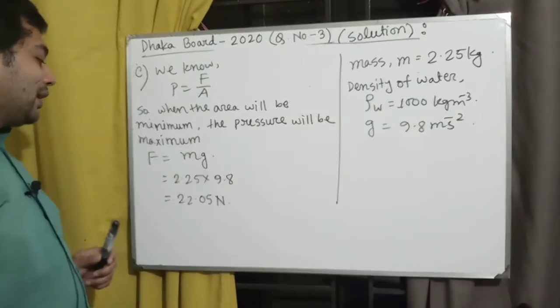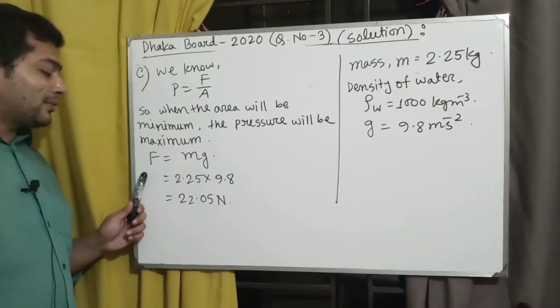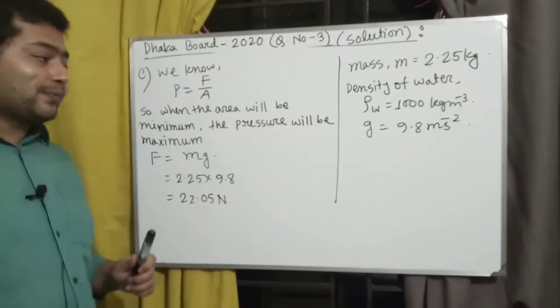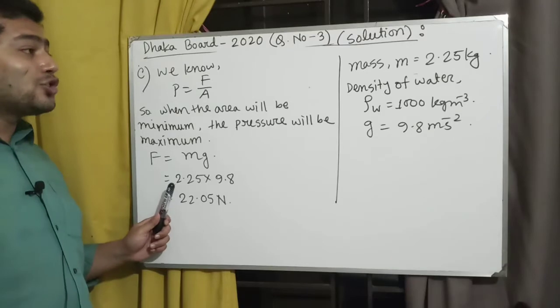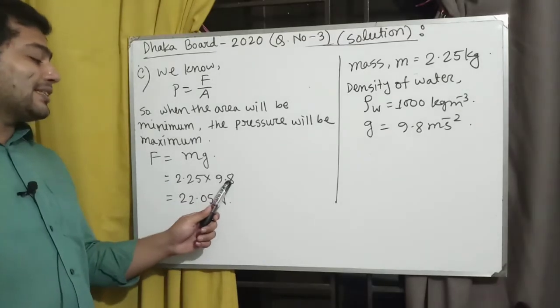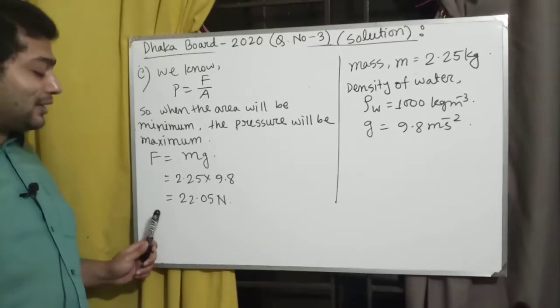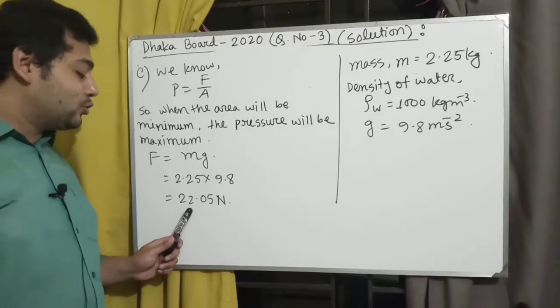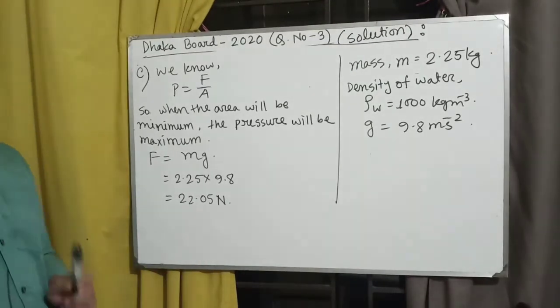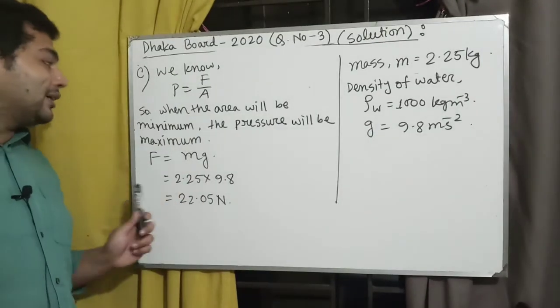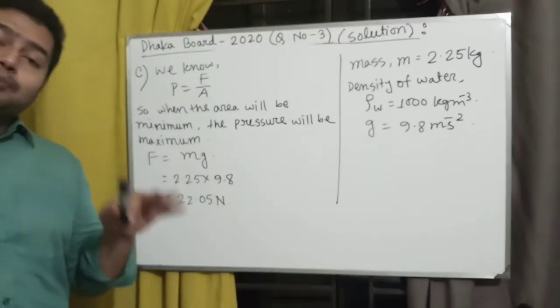Okay, now the force F equal to mg. Here m is given 2.25 and g is 9.8. By calculating this, we get 22.05 Newton. Okay, so this is the force acting on the brick.